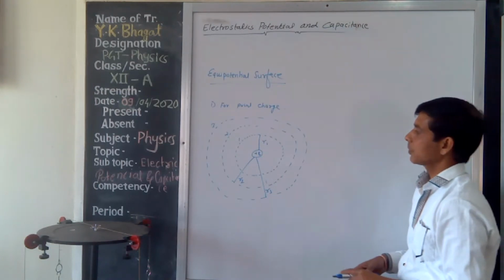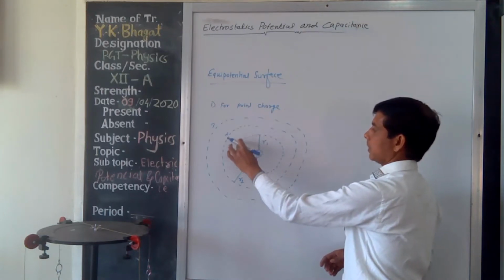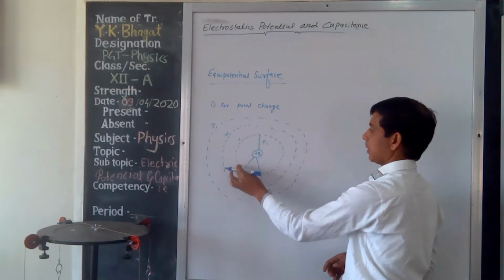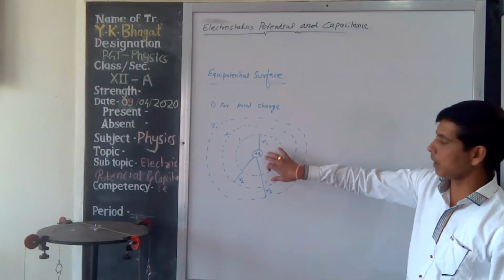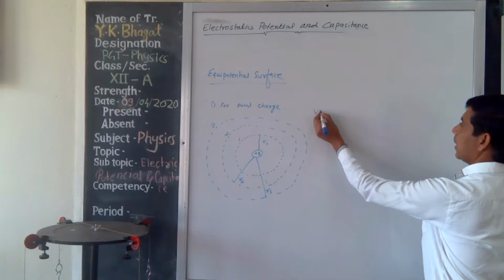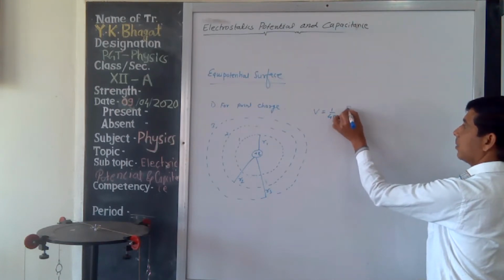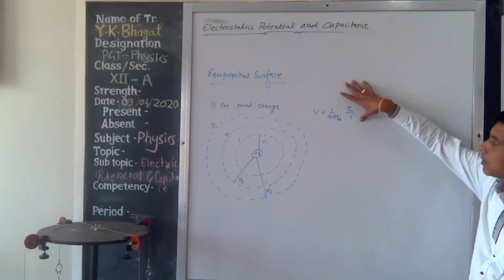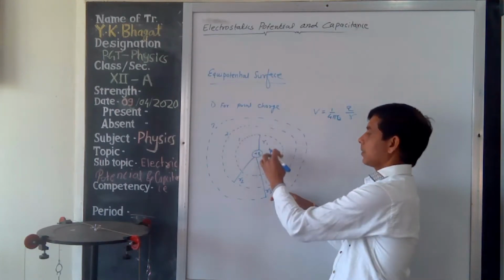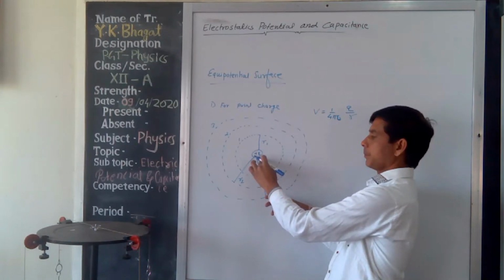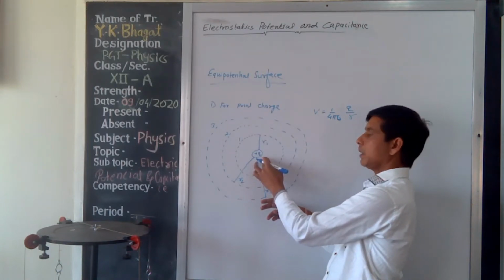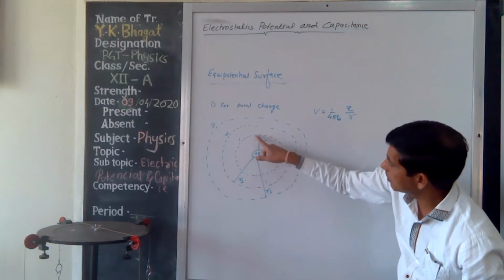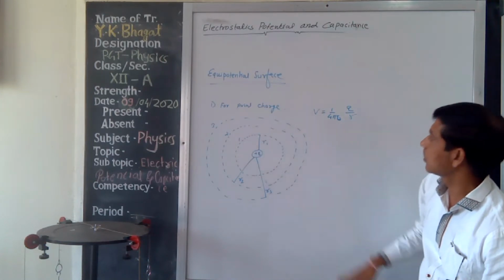Why? Because at the surface of radius R1, that means in surface 1, all the points situated on the circumference will be at the same distance from that charge, and potential will be the same, because we know that potential is equal to 1 upon 4 pi epsilon naught Q upon R. Potential depends only on charge and distance R. For this surface, charge is the same, and R is constant for all points present on the circumference.